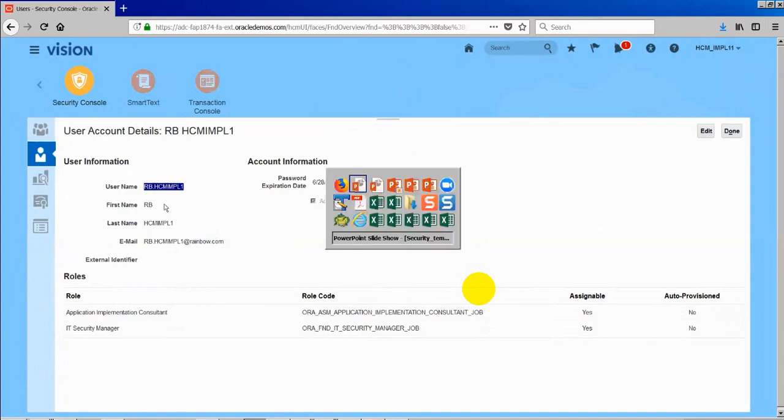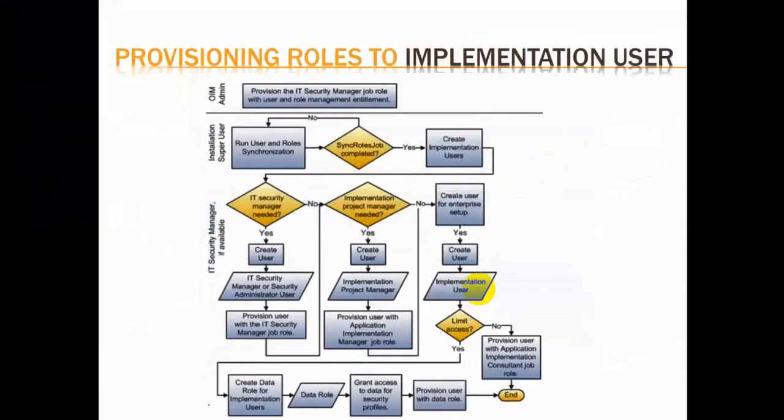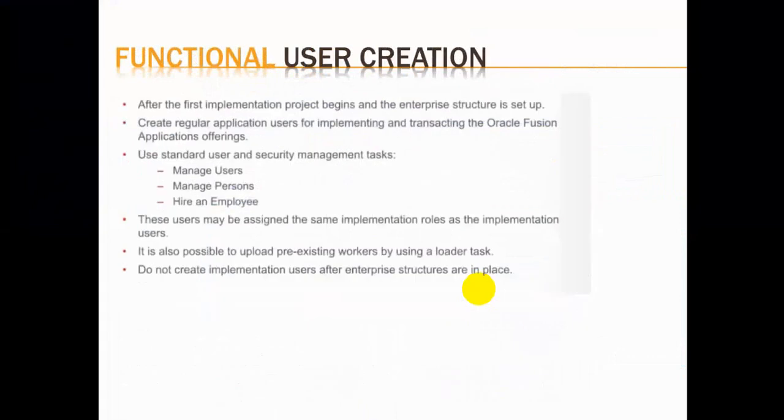If we need to start the real implementation, if we need to create a functional user, then we have to attach the functional user to a human being. Now, let's come back to reality. What happens?